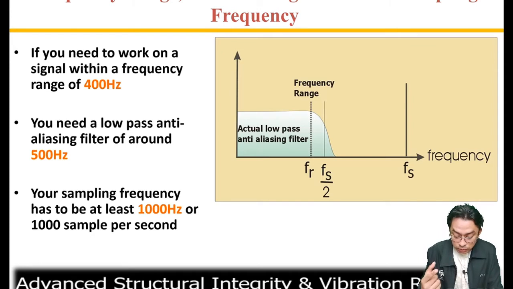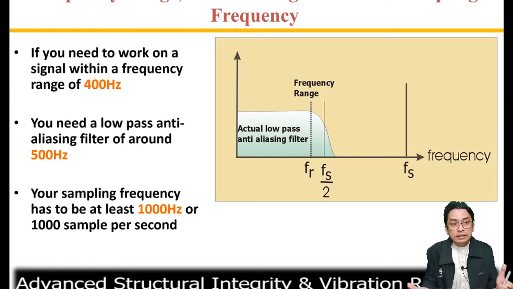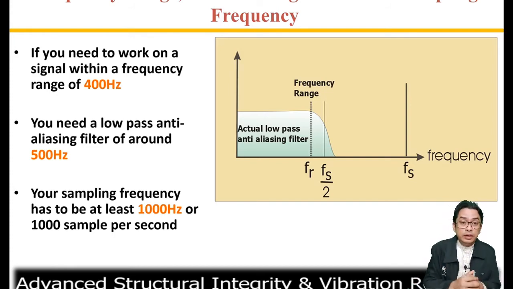So we need to filter the signal around 500 Hz. In other words, if you set the anti-aliasing filter at 500 Hz, you can actually work in about 400 Hz only.